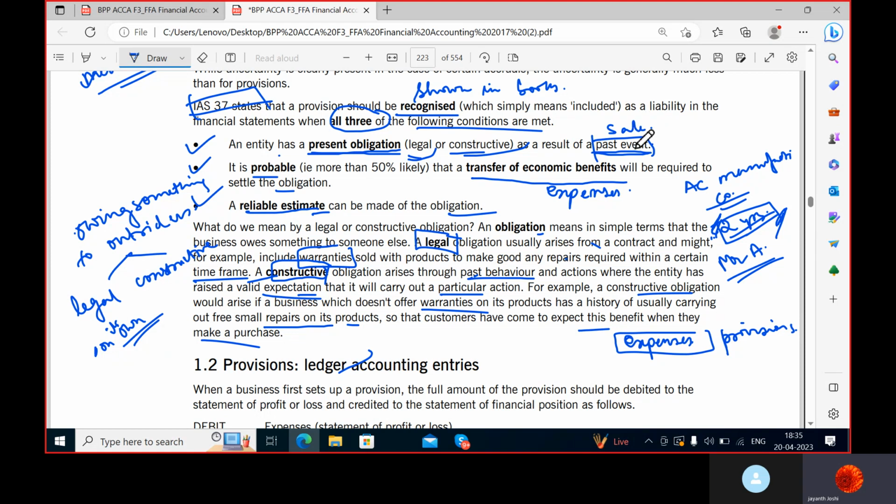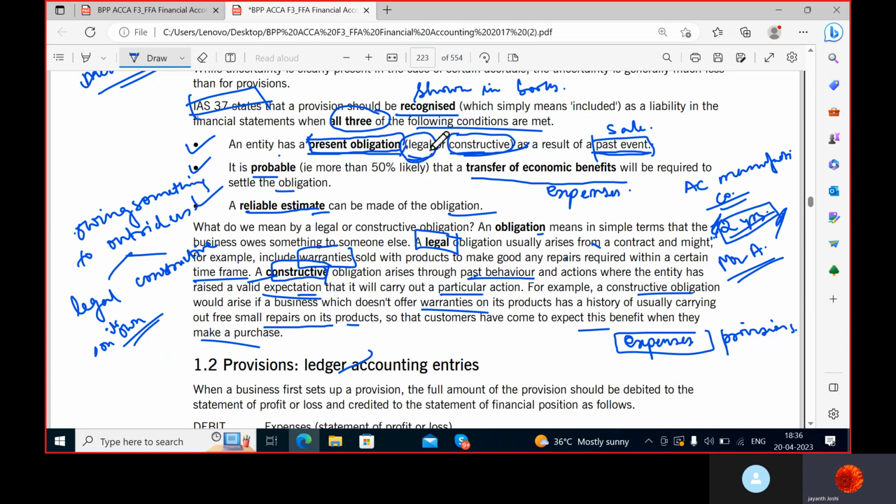In that sale, a defect has appeared and the company, legally, has given a warranty period, or in constructive obligation, the company, not offering a warranty period, is still doing small repairs free of cost. That will incur certain expenses to the company. So for that, the company has to create a provision. Clear? Why? Because in its accounts, the company has to show all the expenses and incomes, revenues generated and expenses incurred. So this is also a kind of expense which the company might incur in future.